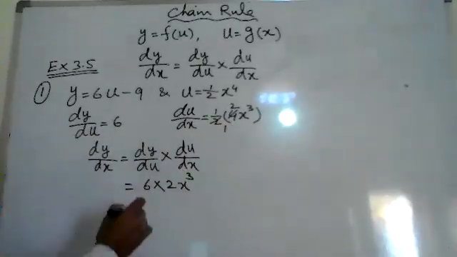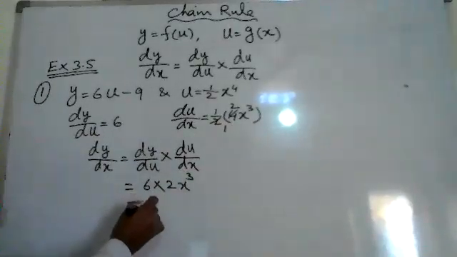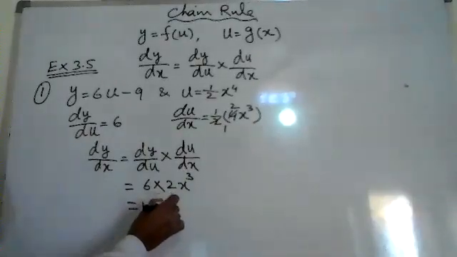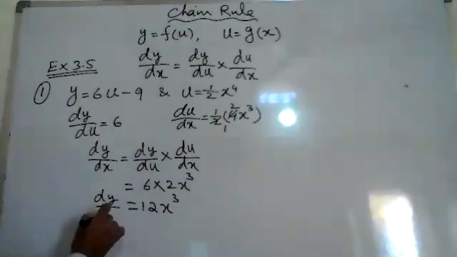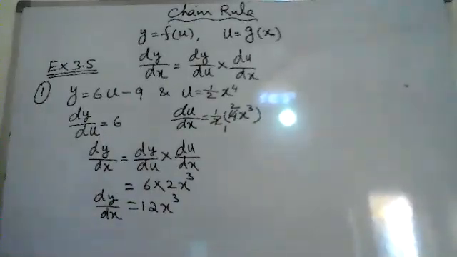The final answer is 12x raised to power 3. This is dy upon dx, the final answer.